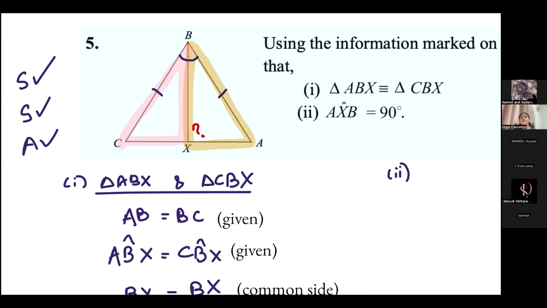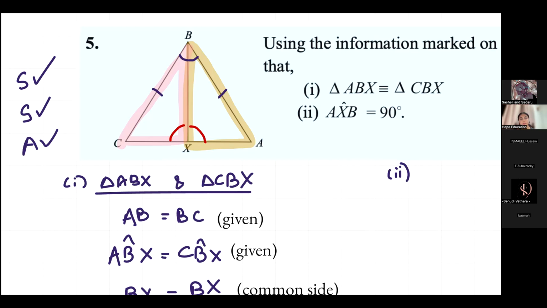First of all, let's keep that aside for a second. Now that we know that these two triangles are congruent, is this angle equal to this angle? Yes. And what would the reason be?